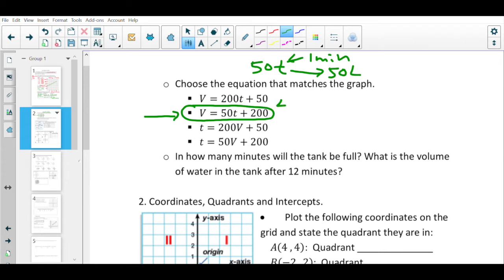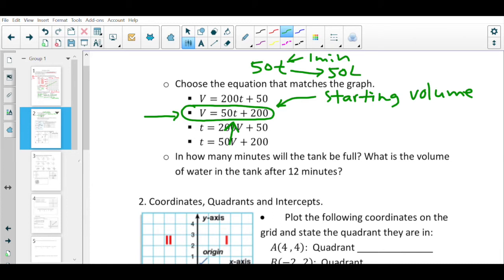And then 200 makes sense because that is your starting volume. So if you think about it at time t equals 0, when there's no filling going on, we said there's 200 liters in the tank. So at time t equals 0 here, your volume is 200.